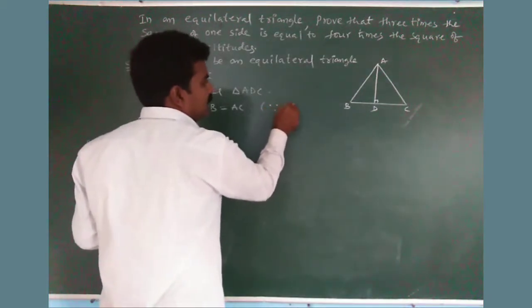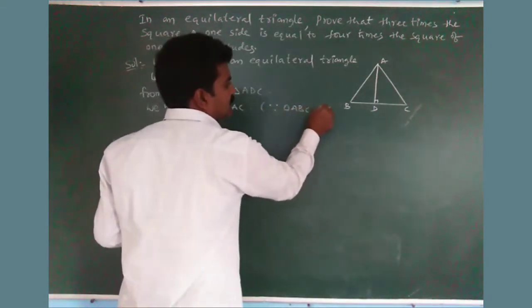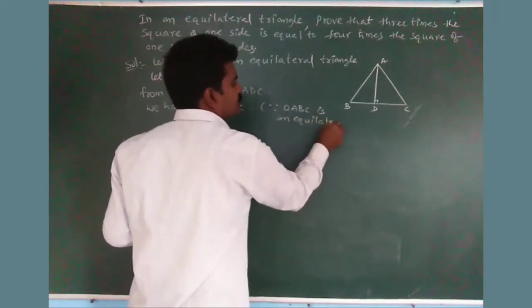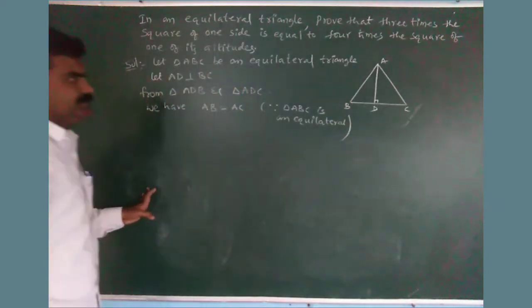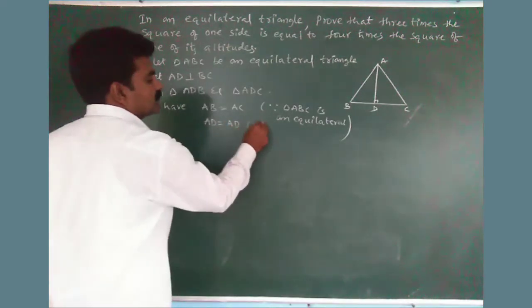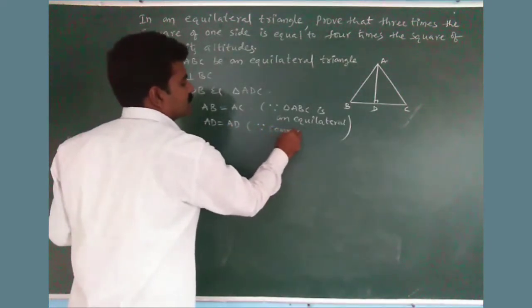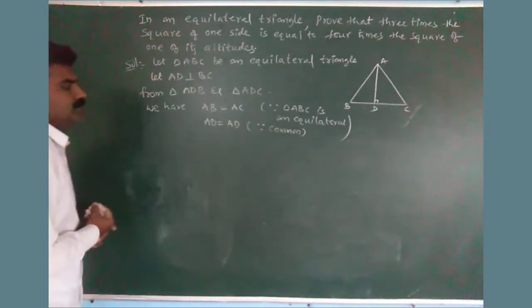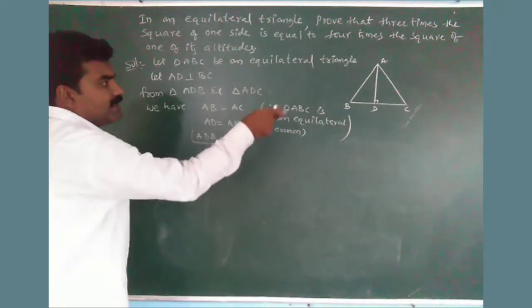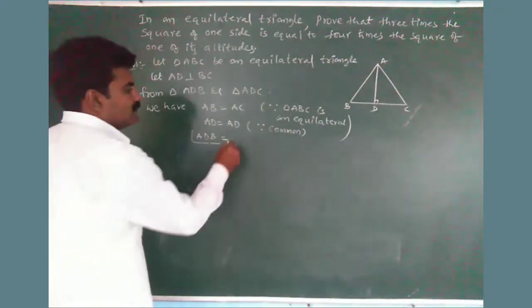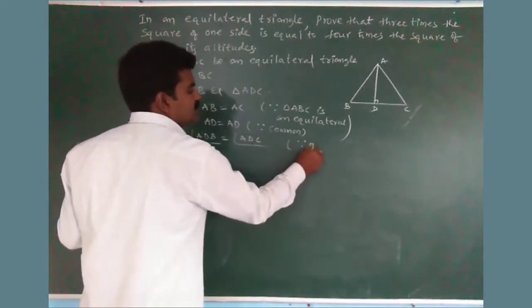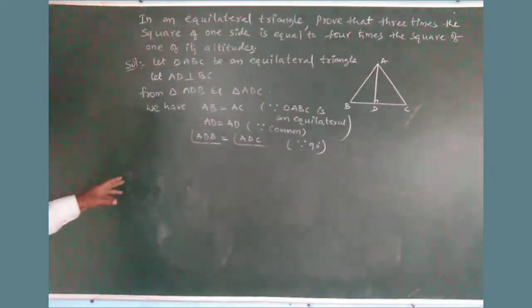Moreover, AD is equal to AD, which is the common side. And angle ADB, a right angle, is equal to angle ADC, since both are right angles.